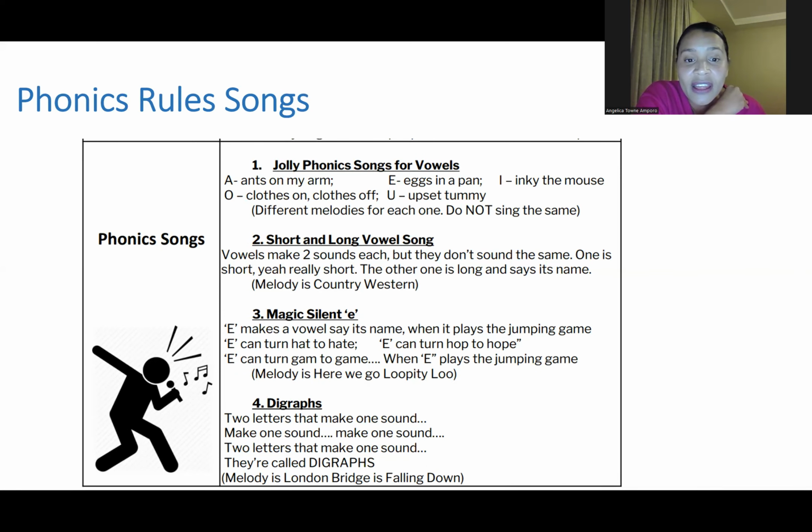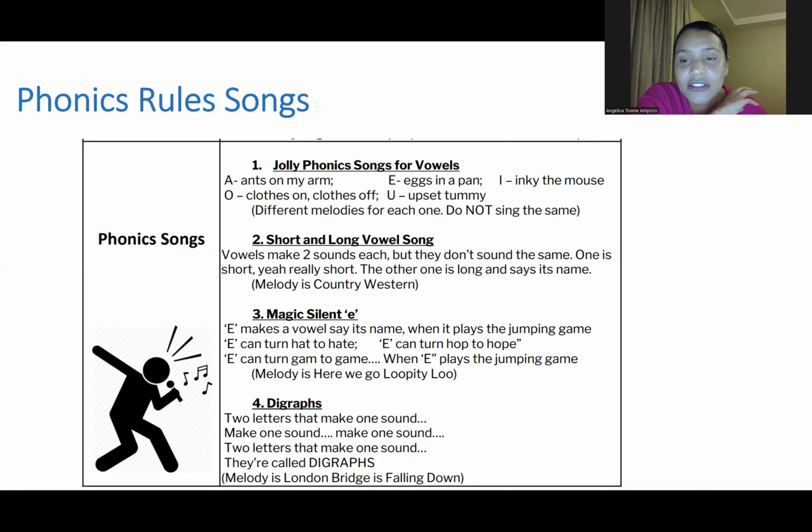The next thing that you'll be able to talk to them about is, again, that magic E, right? Where it can turn a short vowel into a long vowel. So for example, if you had the word at, A and T, the A is saying ah, which is its short sound. If you add an E at the end, A-T-E, then you will get eight, eight.